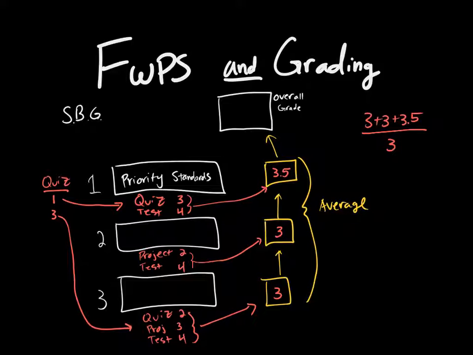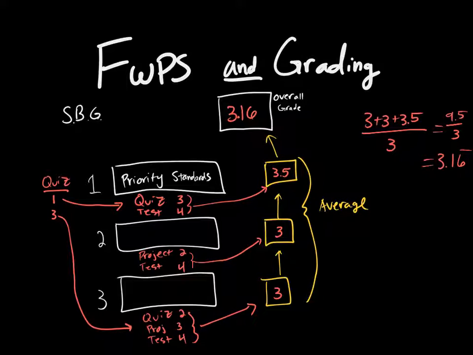So that ends up being 9.5 divided by 3, which ends up being approximately 3.16. And that 6 is a repeating 6. So this is what ends up going into your overall grade. And 3.16 is approximately a B.